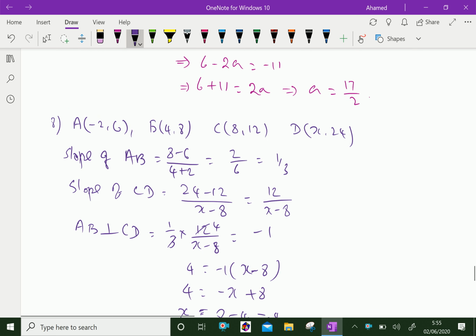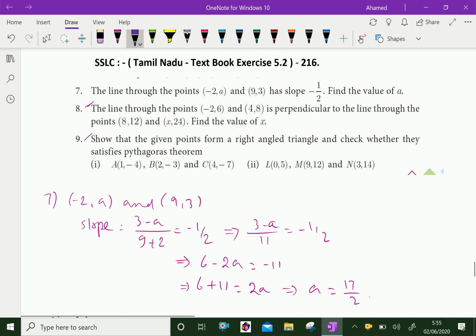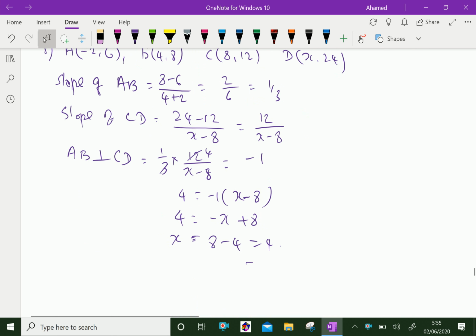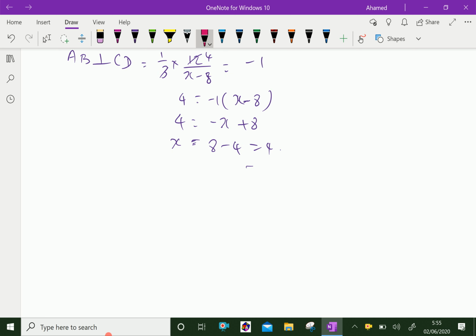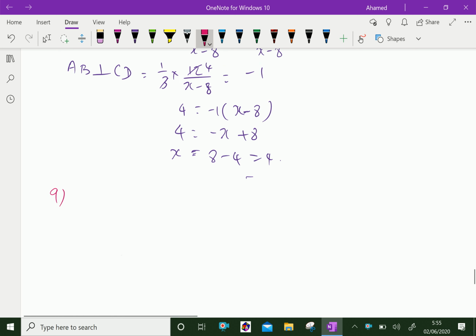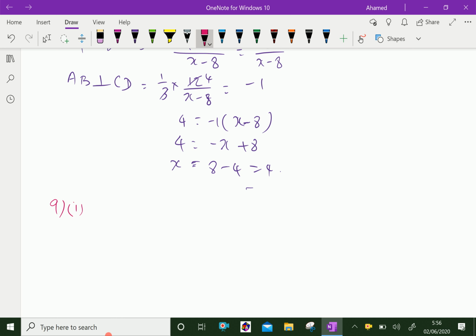Then question number 9. Show that the given points form a right angled triangle and check whether they satisfy the Pythagoras theorem. The points are given: (1, -4), (2, -3) and (4, -7).